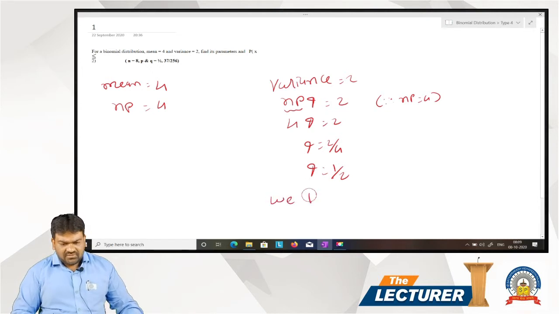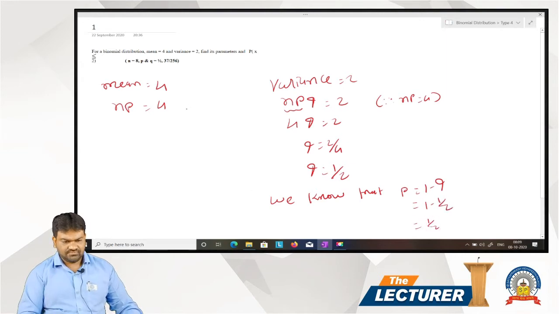We know that p is equal to 1 minus q, 1 minus 1 by 2, that is 1 by 2.